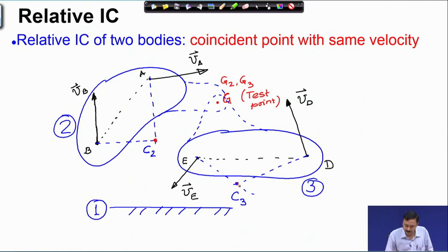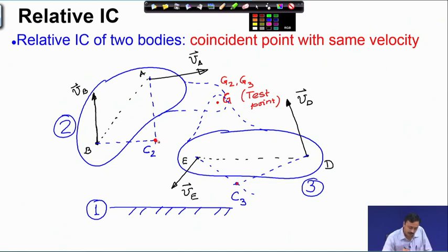Similarly, the velocity of point C3 as an extension of body 3 has a velocity same as that of the coincident point on the ground. So, that is 0. Similarly, I ask the question whether velocities at G2 and G3 are same or not. That means, it must have the same magnitude and it must have the same direction. So, let us test this.